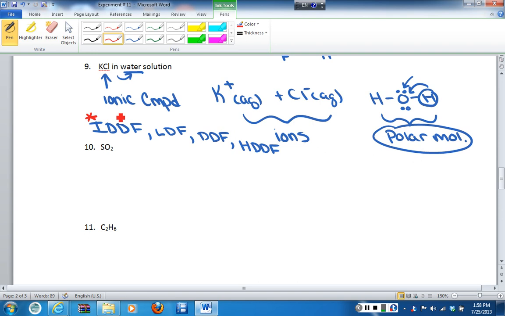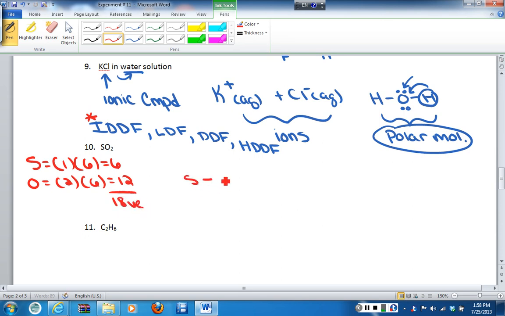You can't just look at it and discern whether or not it's going to be a polar molecule. So if we draw the Lewis structure, we have sulfur, there's 1 with 6 electrons. Oxygen has 2 with 6 electrons. So we should have 18 electrons in our structure.